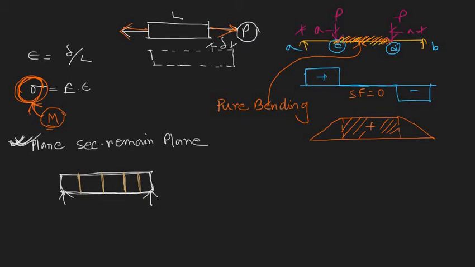Now you are applying some arbitrary load. It may be a point load, a UDL, a triangular load, anything, it doesn't matter. Definitely due to this loading, this beam will bend like this. Agree? This will bend like this.